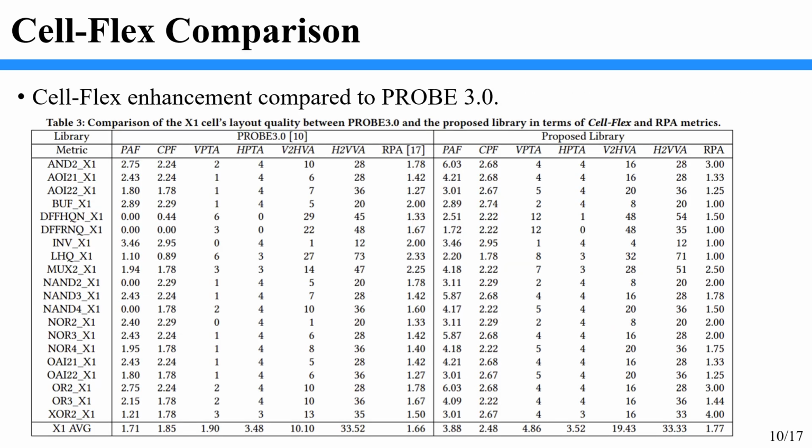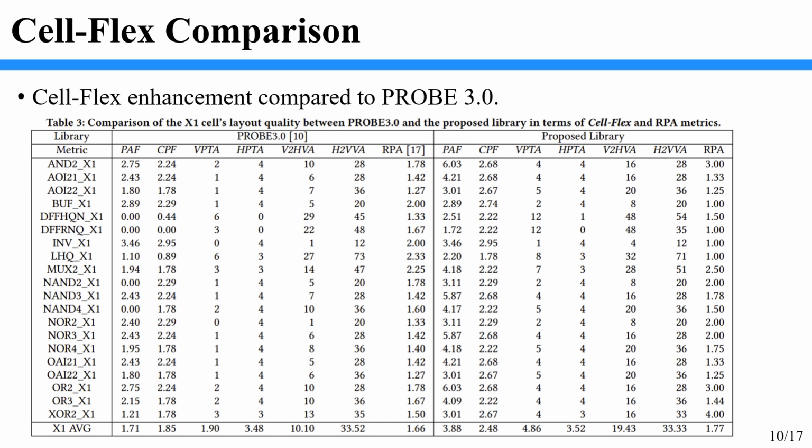This is the table for self-flex comparison between the previous library, Probe 3.0, and our proposed library. We include 20 cells, which are predominantly used in the block experiments.